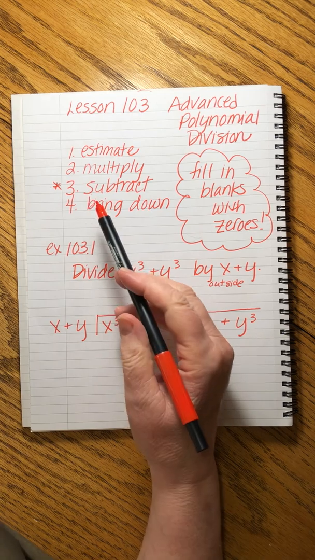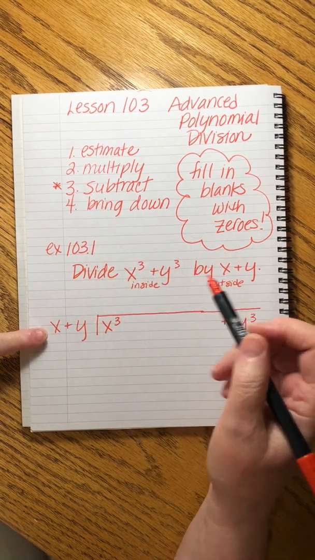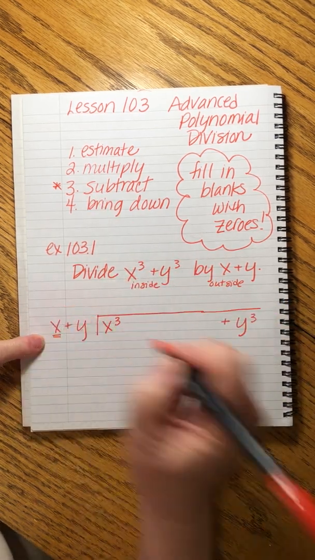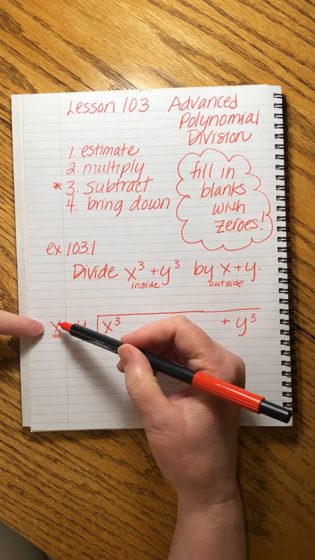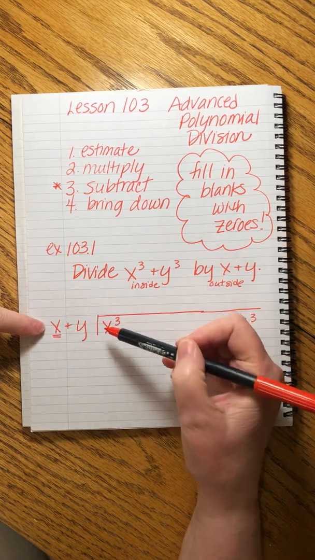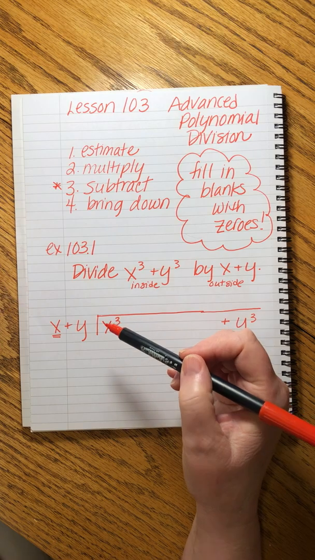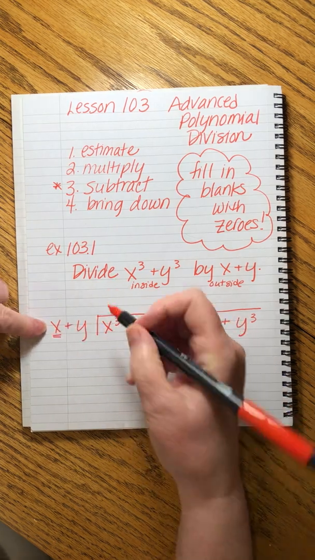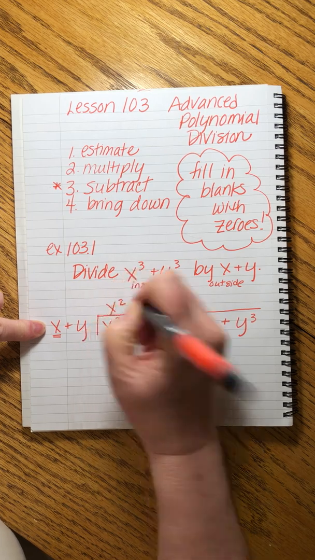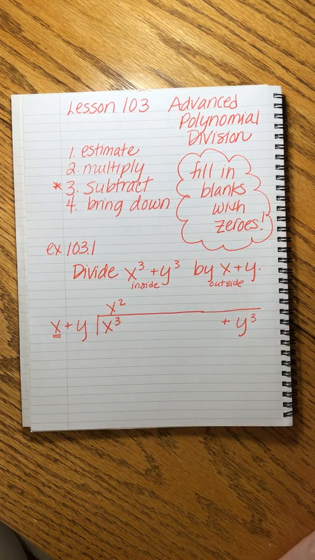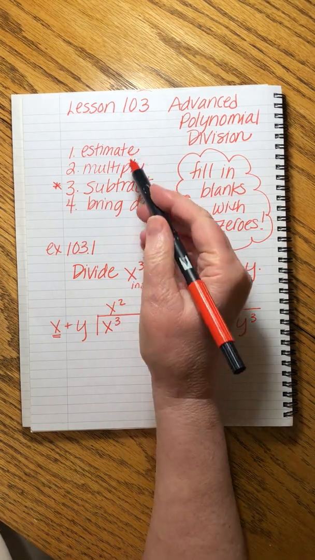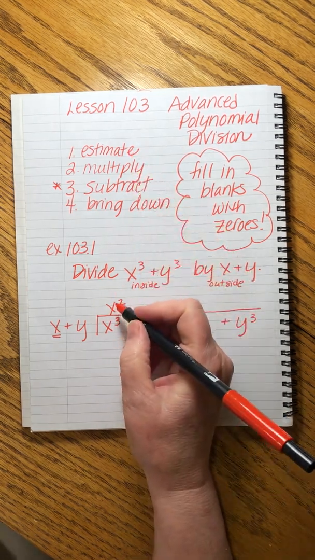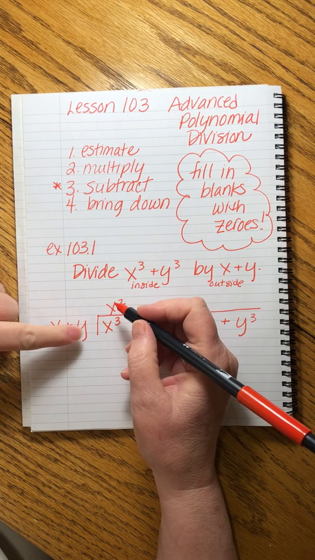All right, so number 1 is estimating. Remember, with these problems, we only look at the first term to estimate, and we ask ourselves, how many times does x go into x cubed? Or the better way to ask it is, what do we multiply by x to get x cubed? And the answer is x squared. So that's our estimating. Now we multiply, and when we multiply, we multiply by both parts.